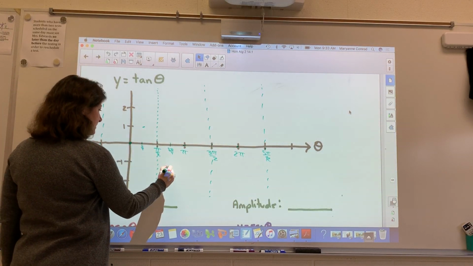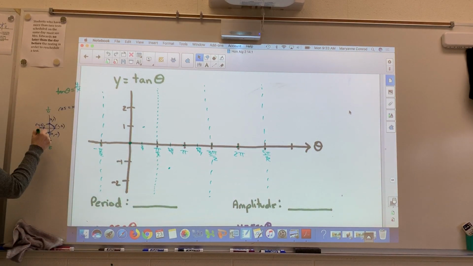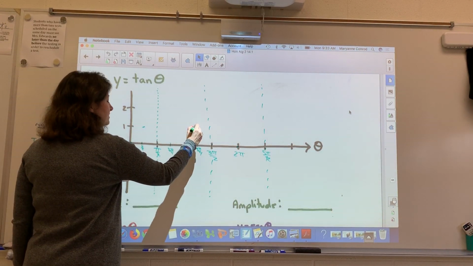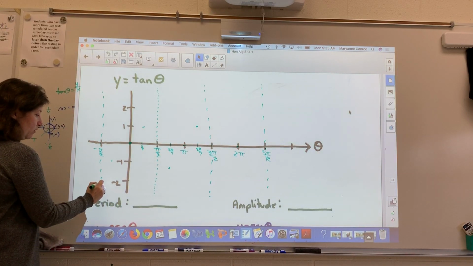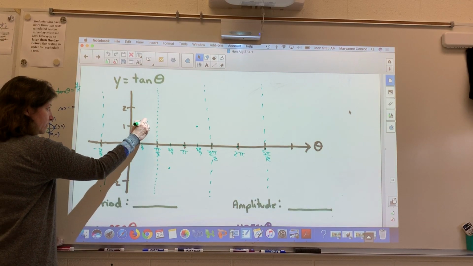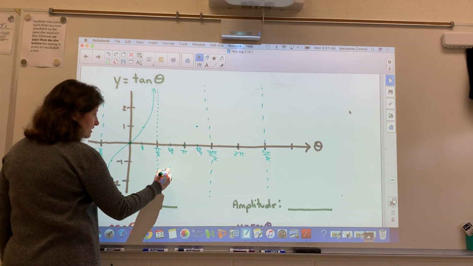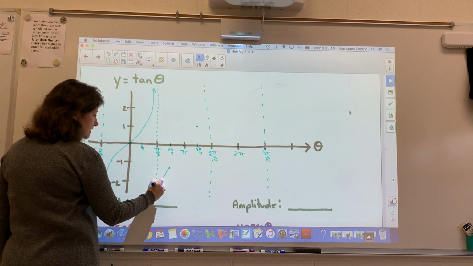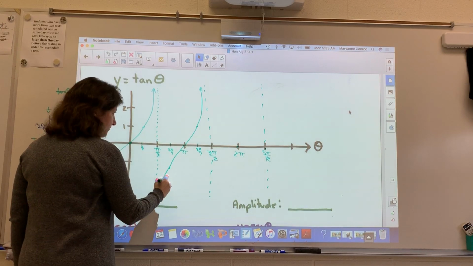So it would be -1. Then we're at 5 pi over 4. 5 pi over 4 would put me down here, same as pi over 4, but I'm in the third quadrant, so it's going to be +1. And I could continue that pattern, and what I end up with is this S curve that's between the two vertical asymptotes. This is your tangent parent graph.